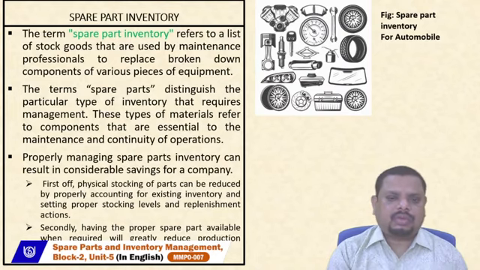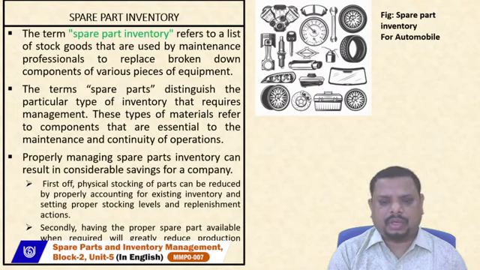So those who are directly assigned to spare parts inventory management, especially in the production departments as well as the maintenance departments, take care of the level of spare parts inventory so that no kind of operation failure will happen in the organization.